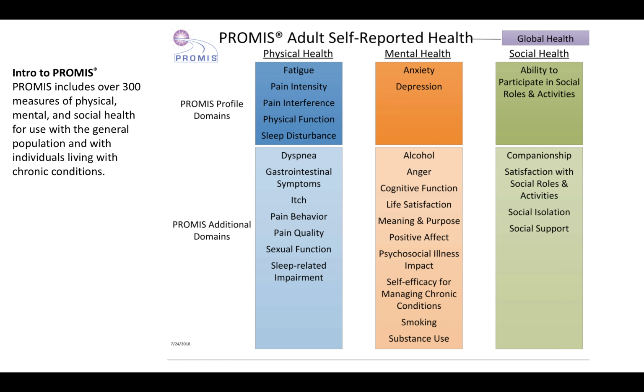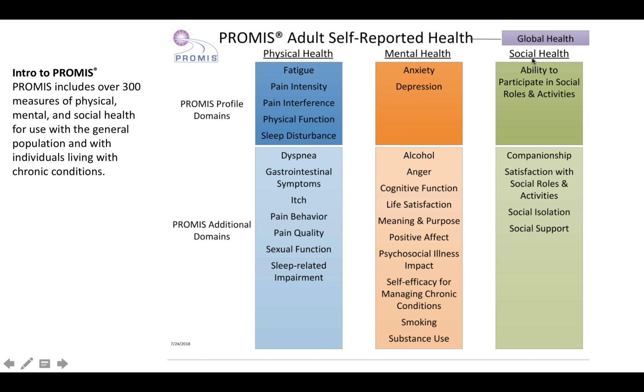Now, PROMIS is meant to measure health-related symptoms across diseases. So over 300 tools were developed and continue to be upgraded in 3 primary domains of health. These include physical health, mental health, and social health, with physical health examples being fatigue and physical function, and mental health examples being anxiety and depression.